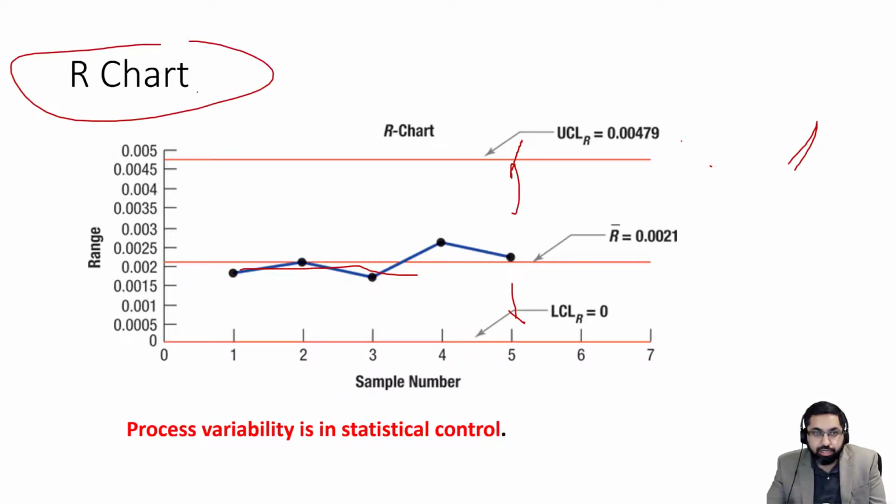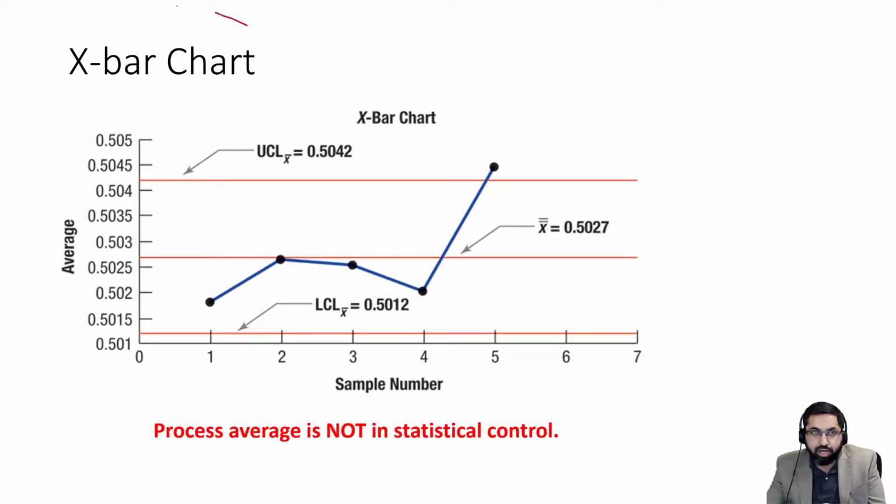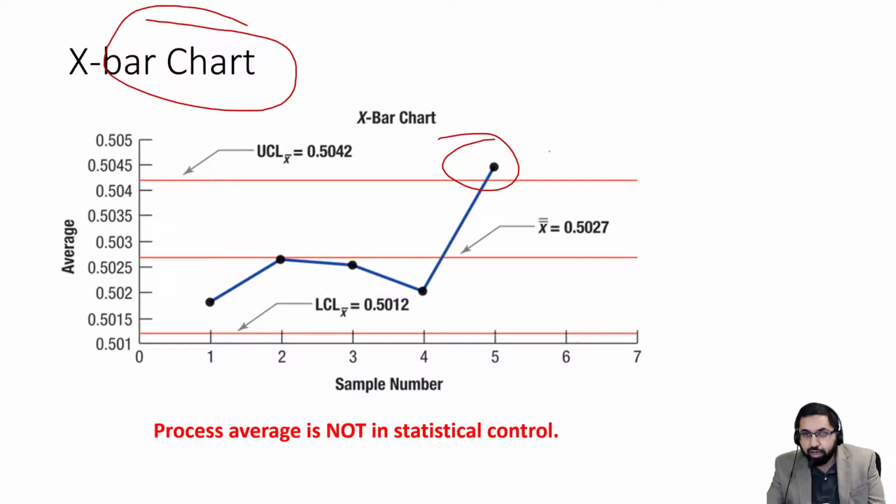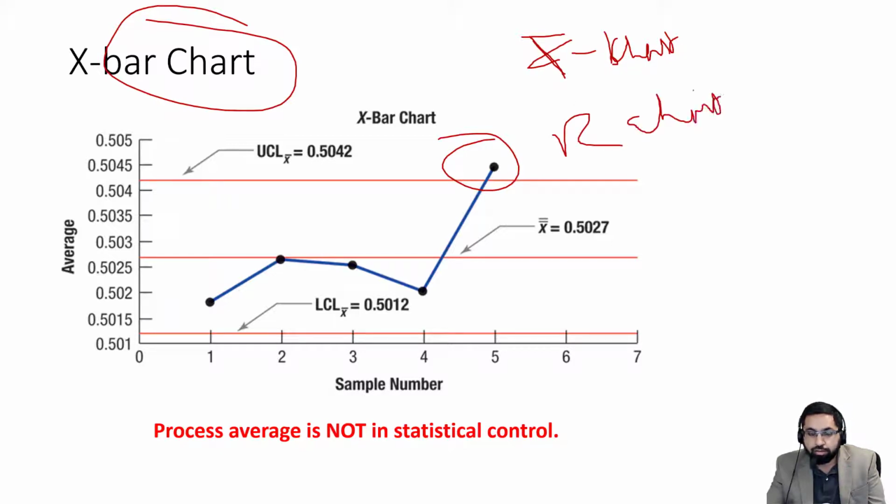So the process is in control on the R chart, but the process is not in control on the X bar chart. So what do we do, right? If you have two charts like the X bar chart and the R chart, here we do have an out of control issue because the X bar chart is showing an observation outside the control limit.